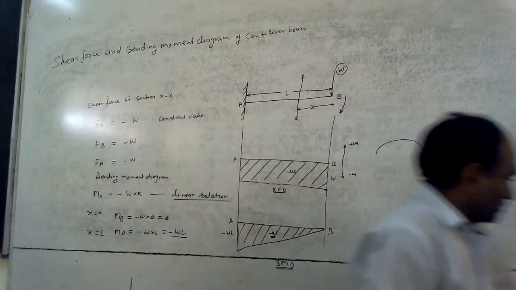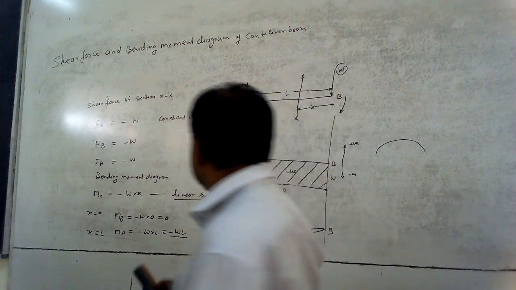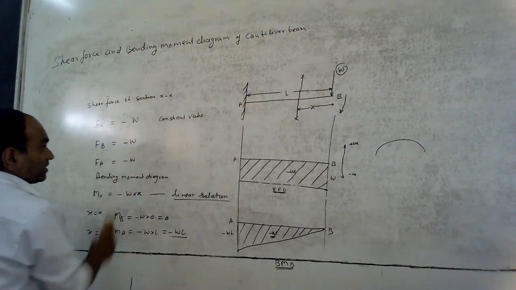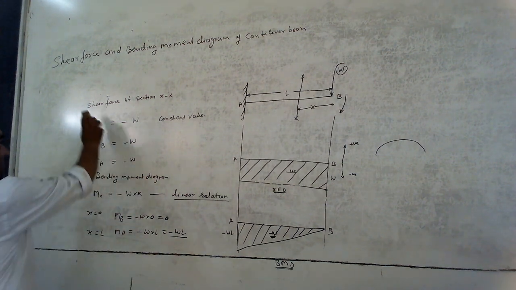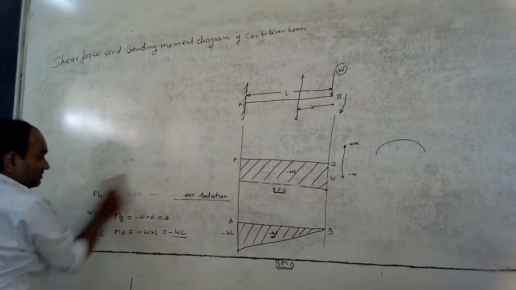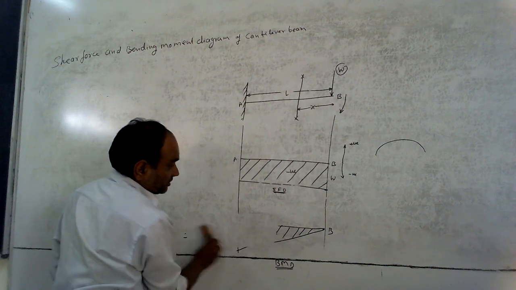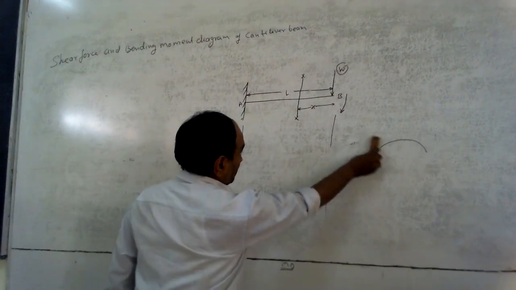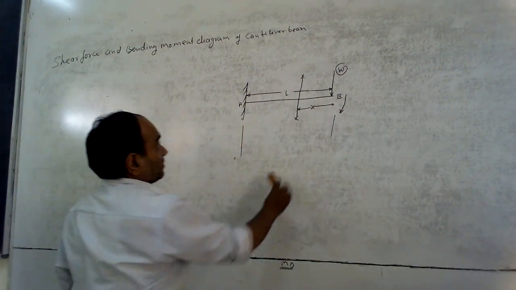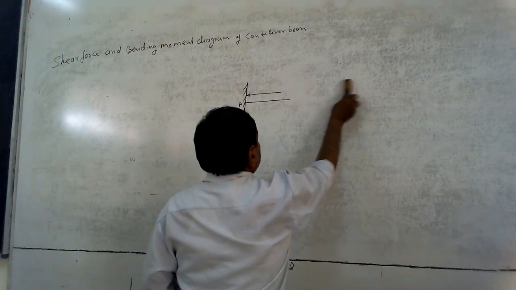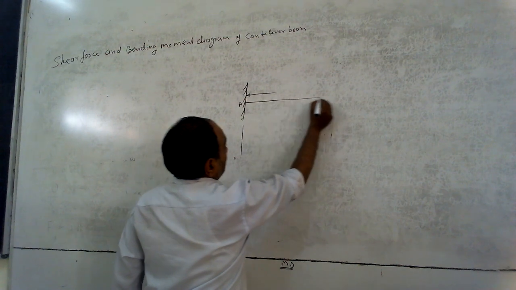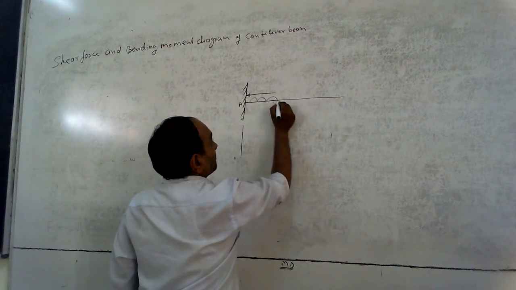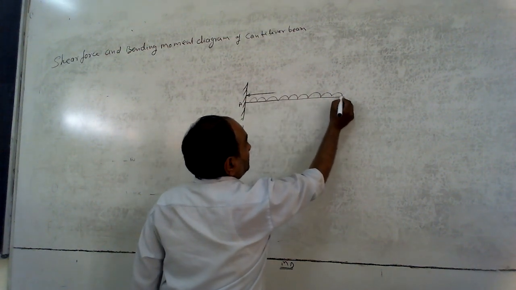I am going to write another expression for the shear force and bending moment diagram for the UDL case. UDL means uniformly distributed load for the cantilever beam. It means the load is uniformly distributed throughout the distance.